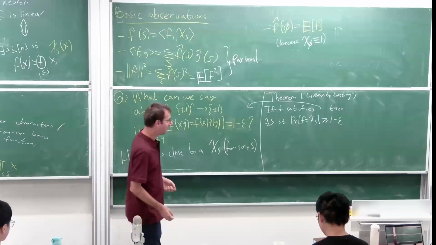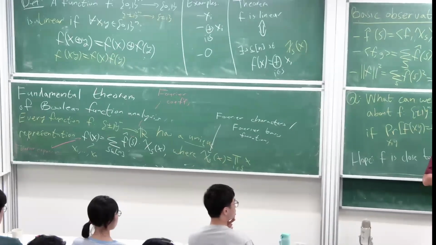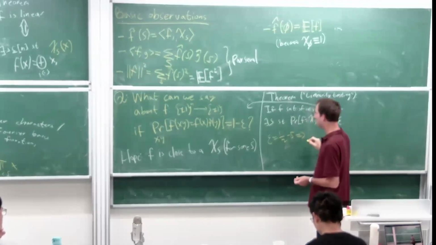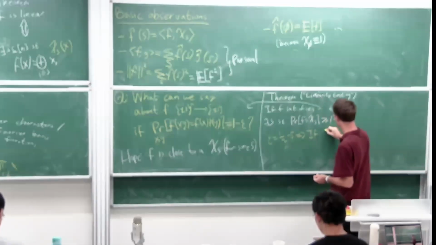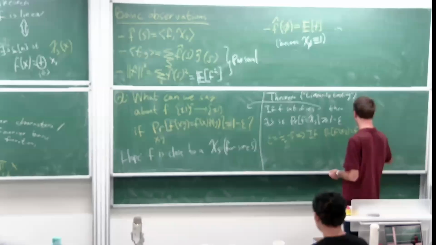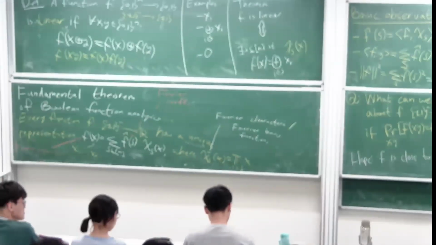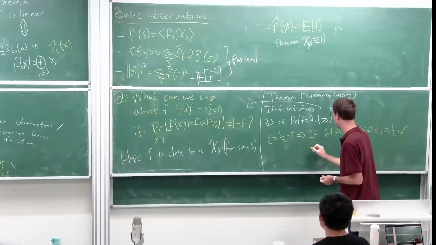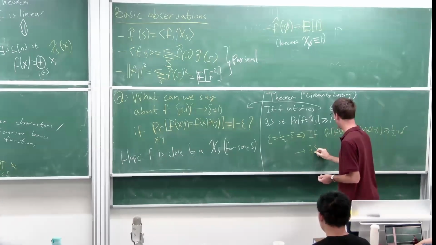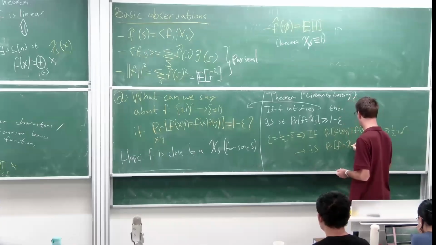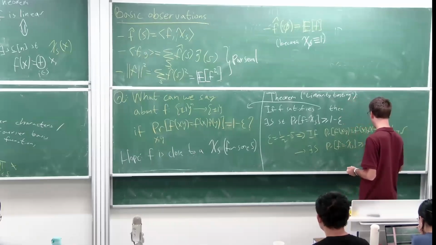This also implies a 51% result. If you take epsilon equal to half minus delta, then if the probability that f of xy equals f of x times f of y is larger than half plus delta, then there exists S such that the probability that f is equal to chi_S is at least half plus delta.